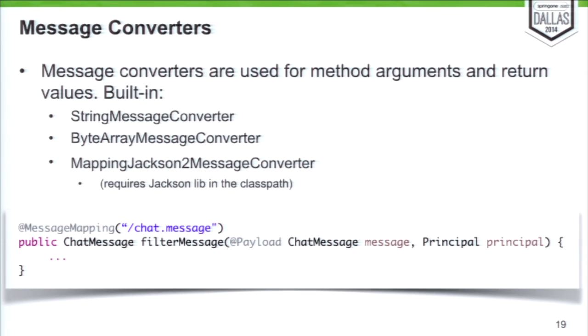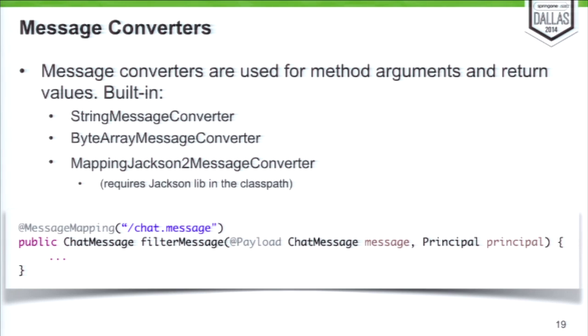As said, we're going to use some message converters in order to convert the payload of the incoming message to your arguments. We have these three built-in message converters: the string message converter, the byte array message converter, and the Jackson message converter.